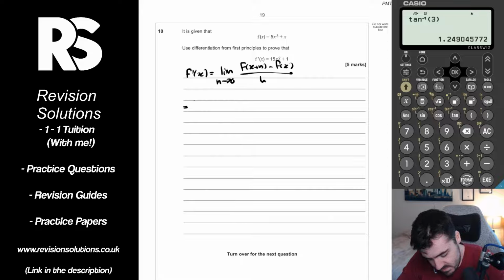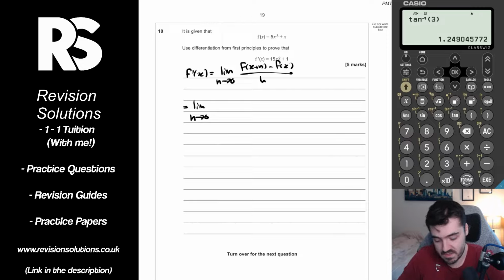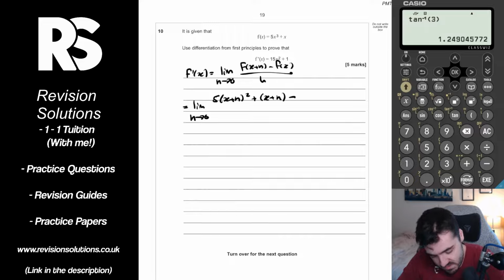And then we need to substitute into that. So that's the limit as h tends to 0. Now for f of x plus h, guys, all you have to do is plug in x plus h into our function wherever you see an x. That would be 5 lots of x plus h cubed plus x plus h, and then minus the whole function, so minus 5x cubed plus x.